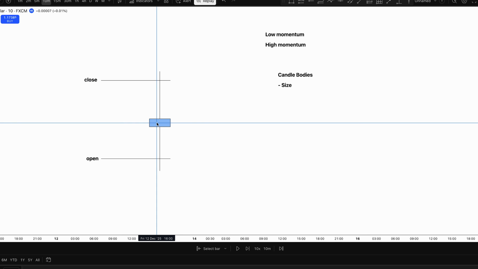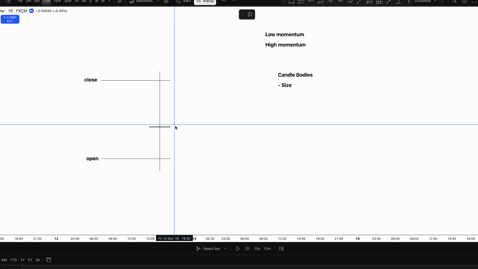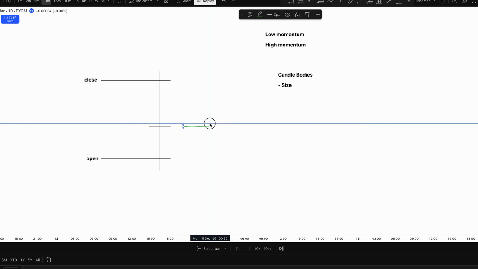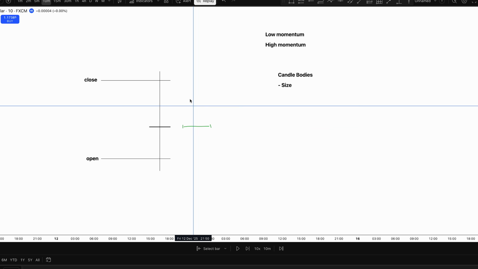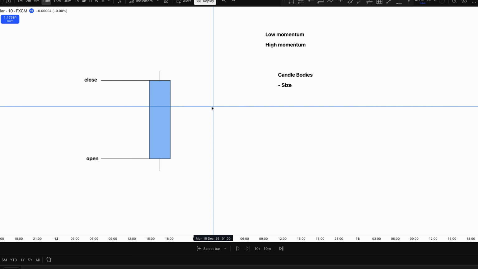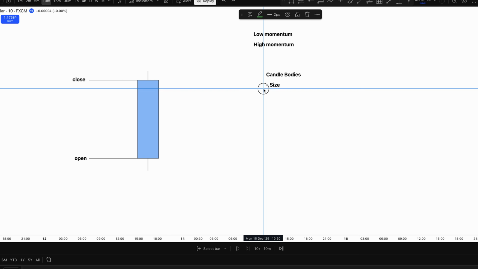Now, we can even get candle bodies that are so small that they look like that. And obviously this is basically just a flat line if we were to disregard the wicks for now. So this shows we open there, we close there, no ground was covered. Therefore, this is a low momentum candle. So the bigger the candle, the higher the momentum generally in terms of candle bodies, okay? So we derive candle body information from purely the size of the candle.